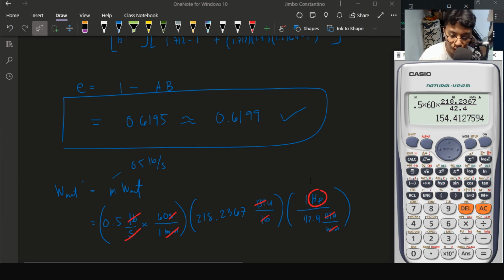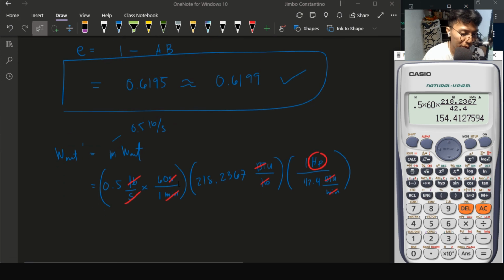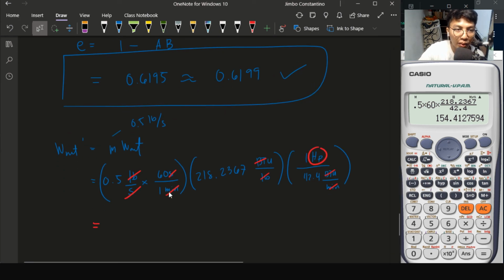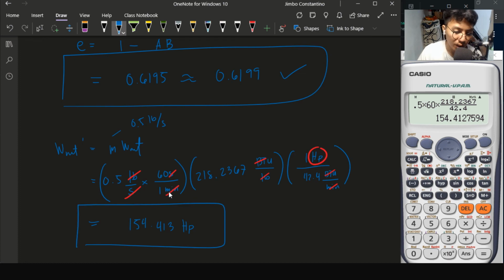So, the answer is 154.413 HP. That is the problem.